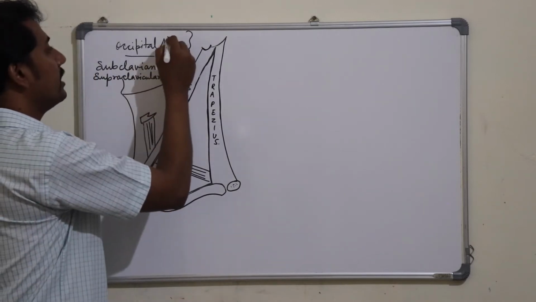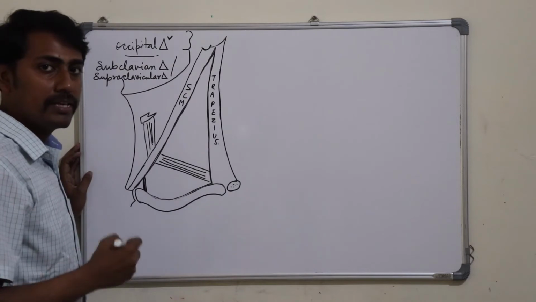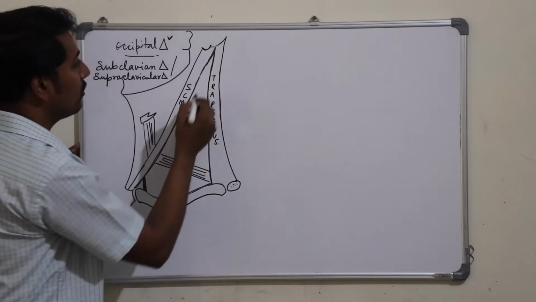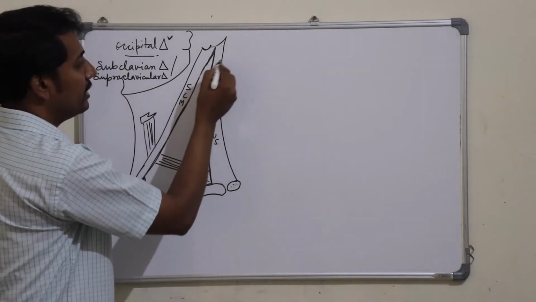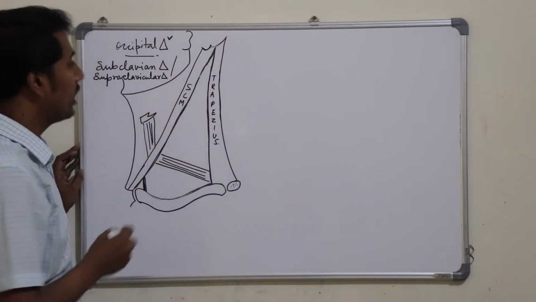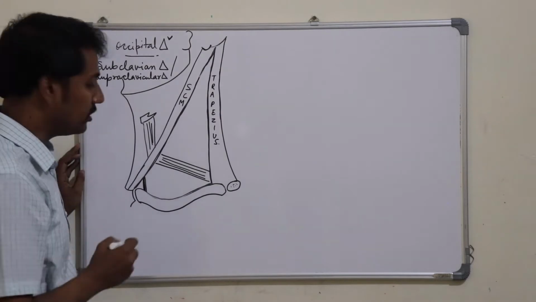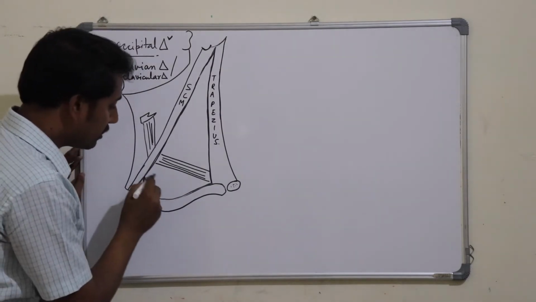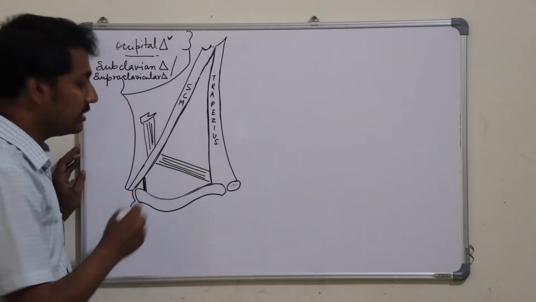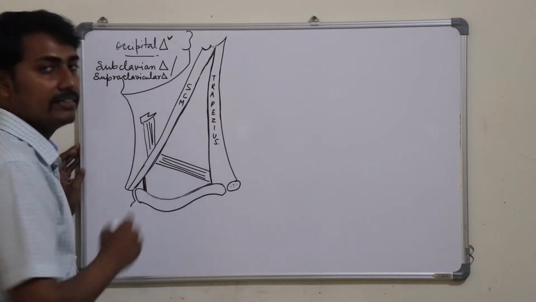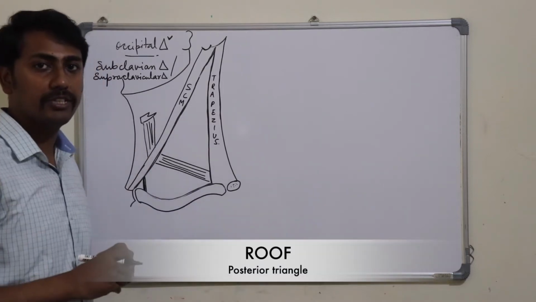The occipital triangle is known as occipital triangle due to the presence of the occipital artery in the occipital triangle, and the subclavian triangle is known as subclavian triangle because the third part of subclavian artery lies in the subclavian triangle.